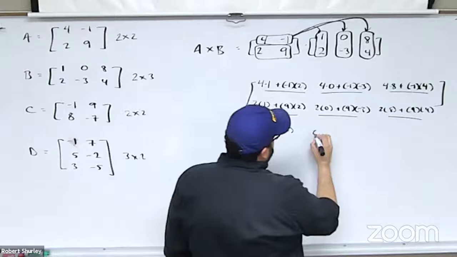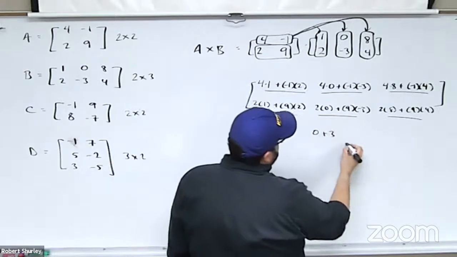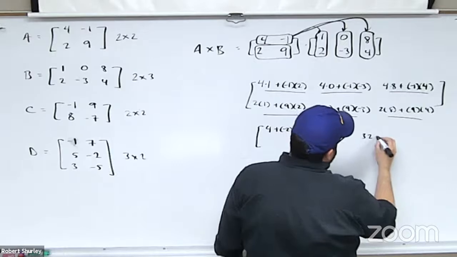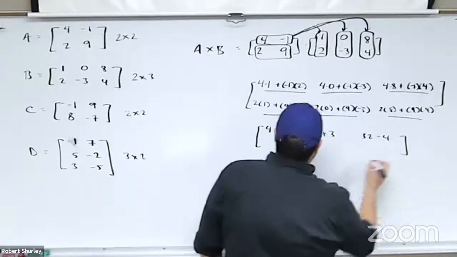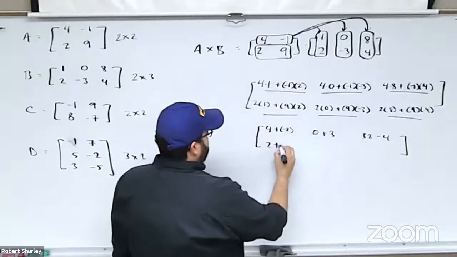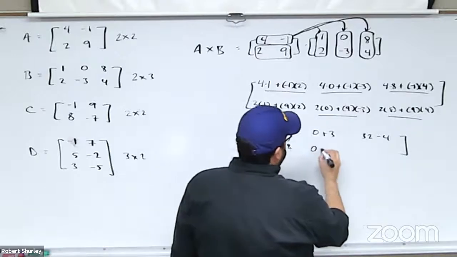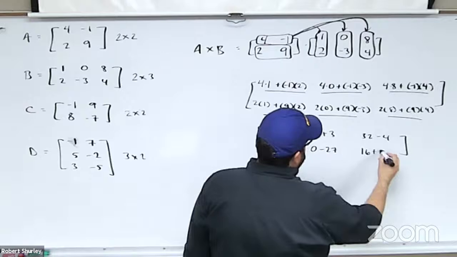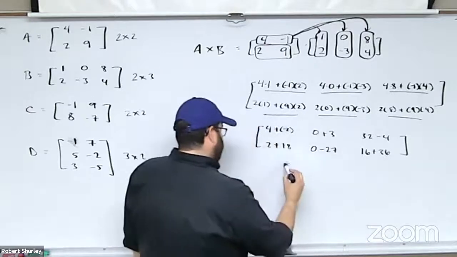And this would be 0 plus 3. This is going to be 32 minus 4. And this is going to be 2 plus 18, 0 minus 27, and 16 plus 36.